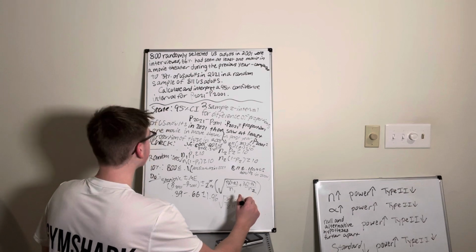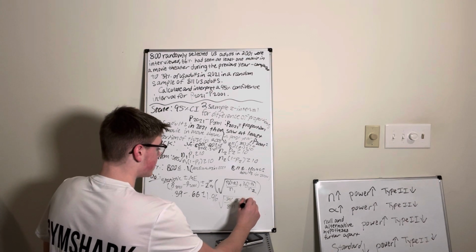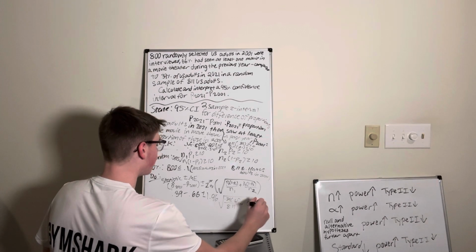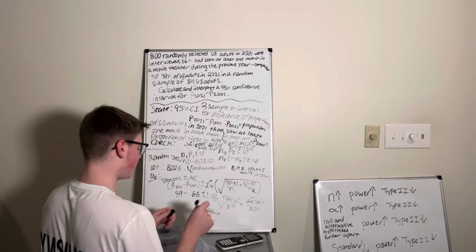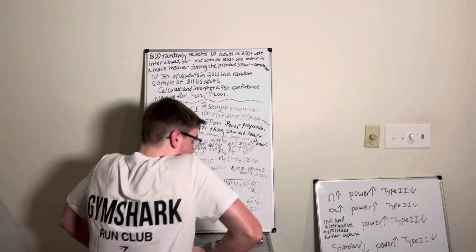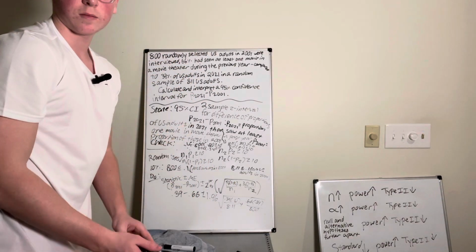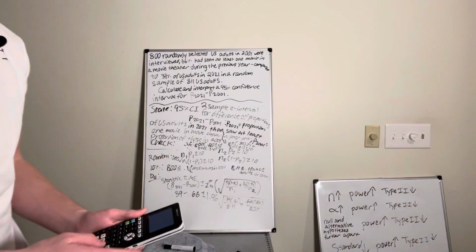And then plus 0.66 times 0.34 over 800. All right, and then you could put that in your calculator, or again, you do have to show all this work to get credit, but you could just put everything in your calculator at the start.